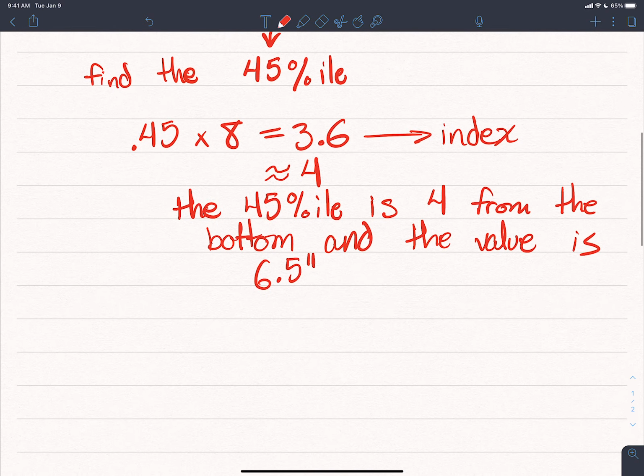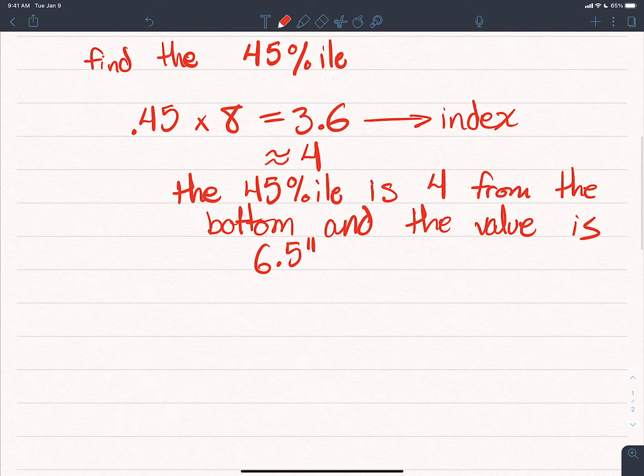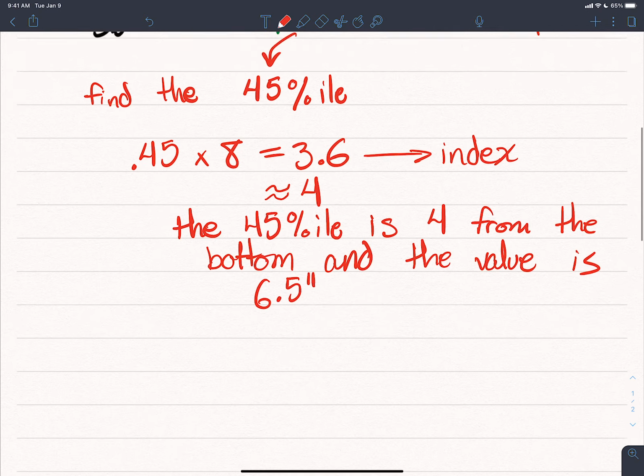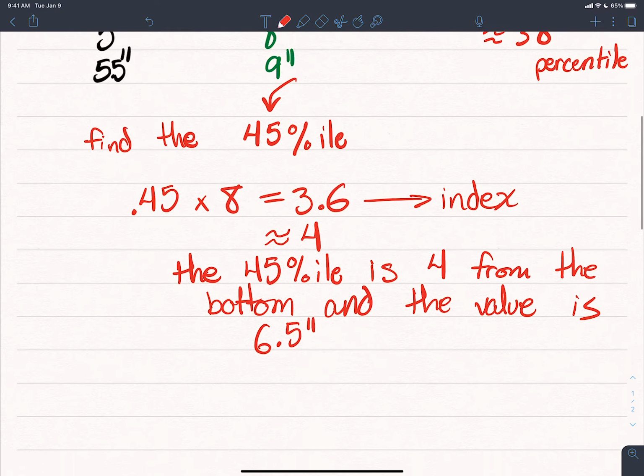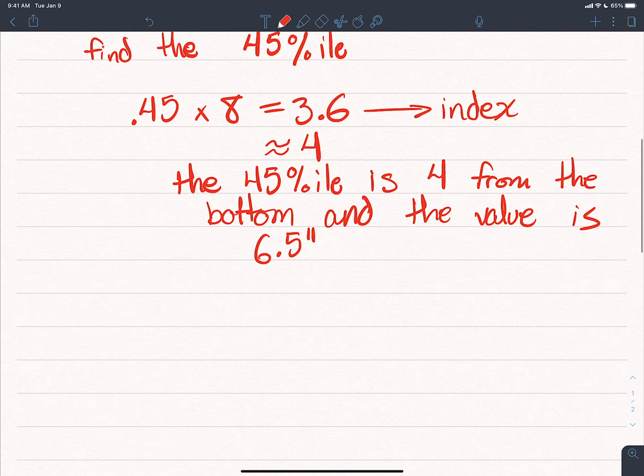So let's do another one, but this time we'll do one that should get us a whole number. Let me think what will get us a whole number here. One second. Let's find the 75th percentile. Right, so for this other one, we'll find the 75th percentile.